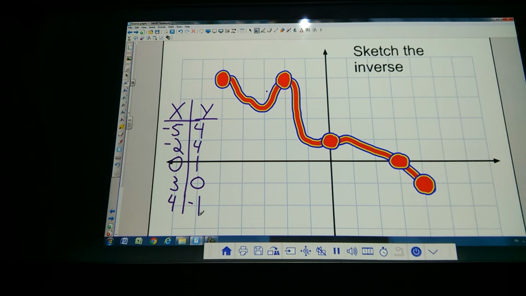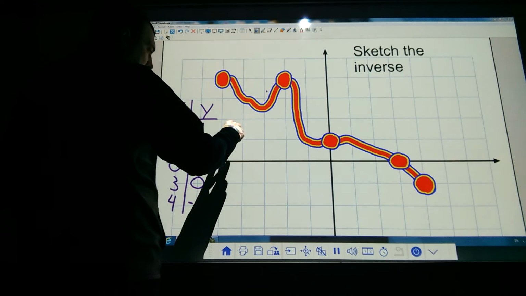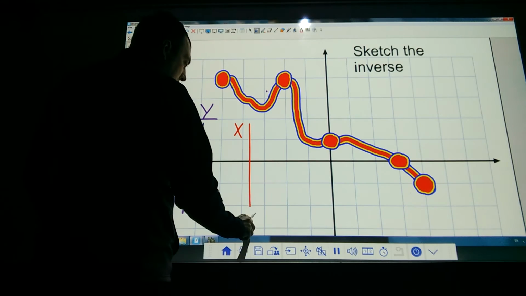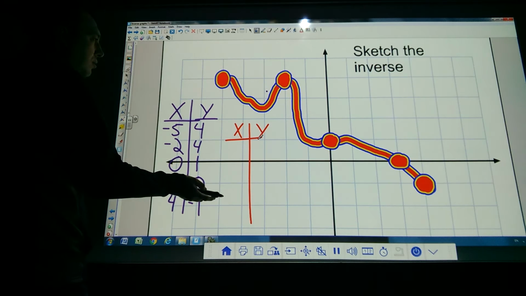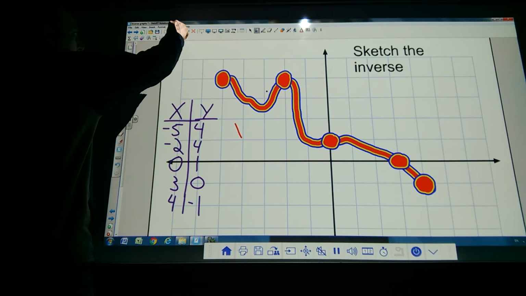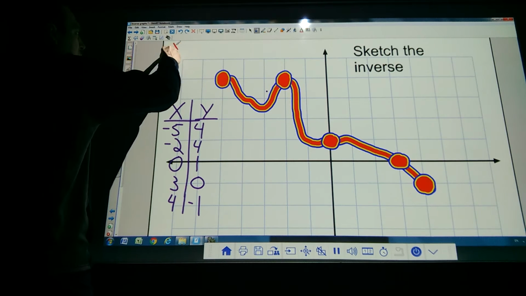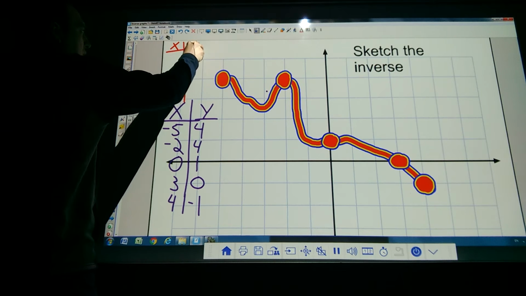How do you find the inverse graph? All you do is you switch x and y. So we're going to make a new table here. Switch x and y. I'm going to put it up here, and we're going to need this. Switch x and y, and that's all you do.